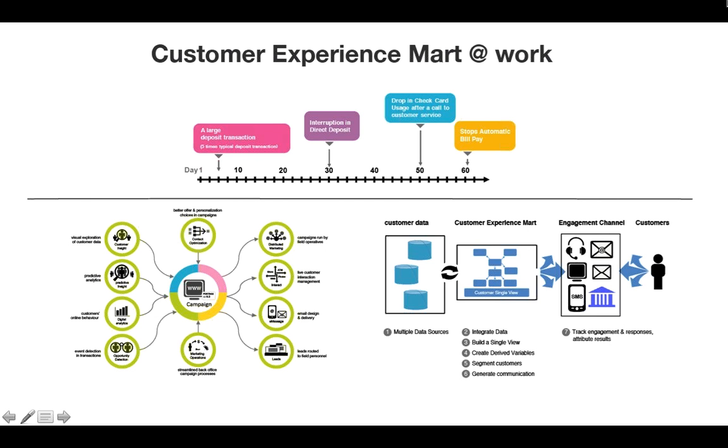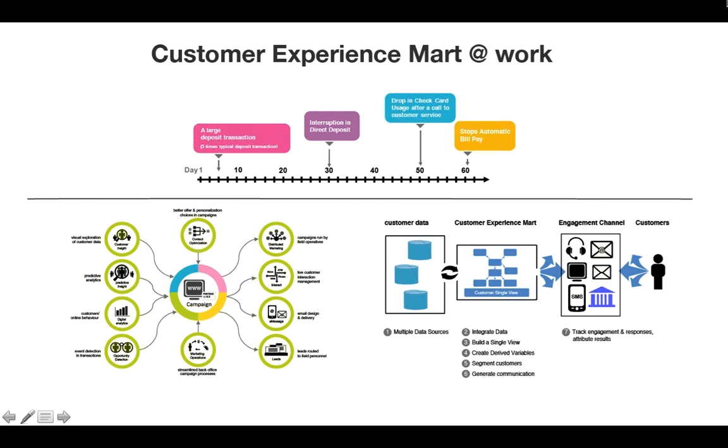The top part of the slide takes you through a 60 day example of how we are able to evolve our onboarding process based on the amount of value we are able to add by bringing different kinds of data together and creating a holistic view of the customer.